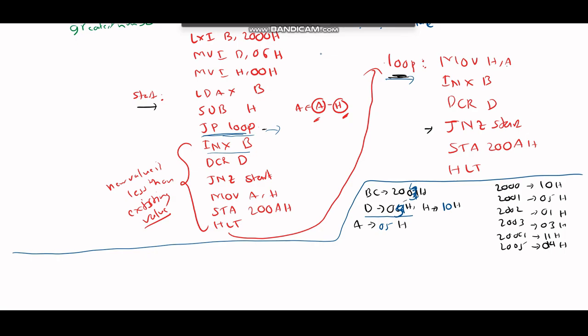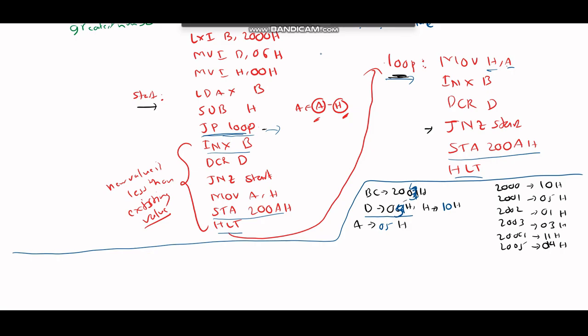So we move the higher value 11 to H, replacing the 10 that we had previously, and then we increase the memory address, decrease the counter, and continue until the counter reaches 0. Once the counter reaches 0, we're going to be executing either this instruction or this particular instruction, depending upon where we are at the current moment.